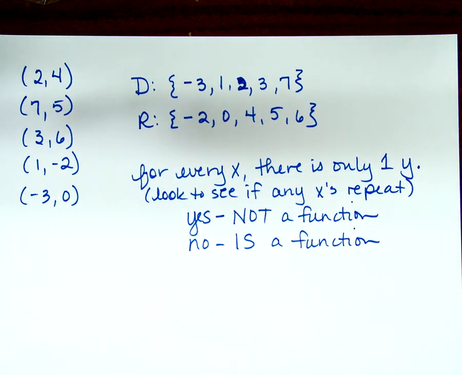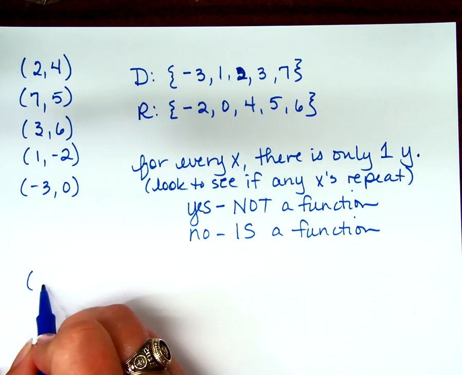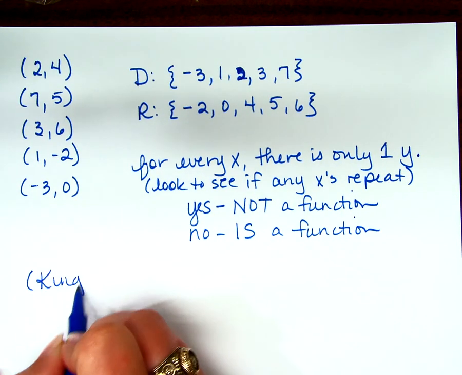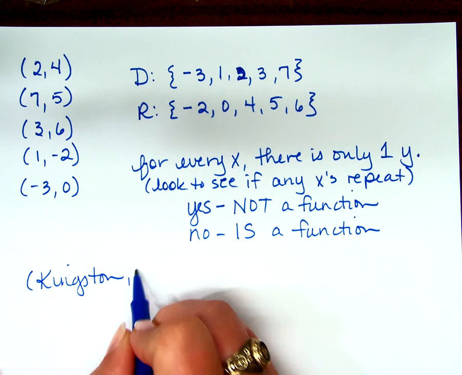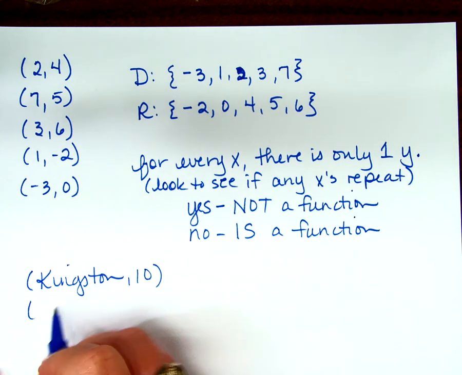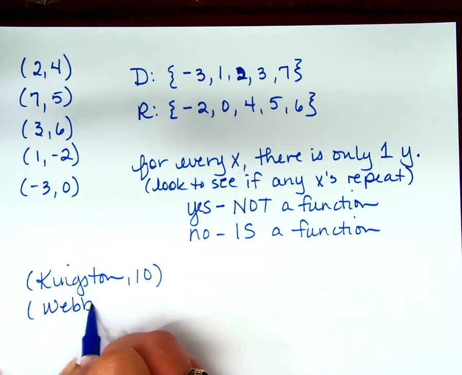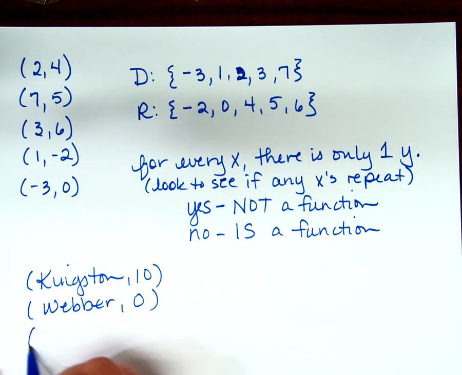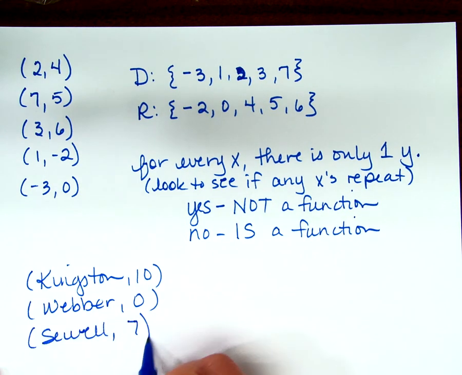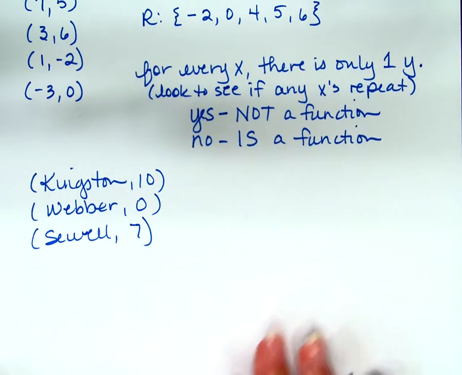What about points that are not typical traditional points? Like this. What if that's the information?